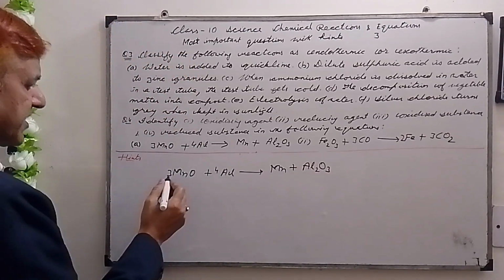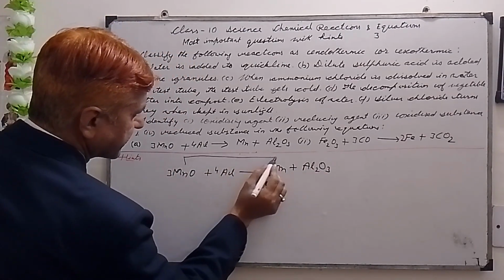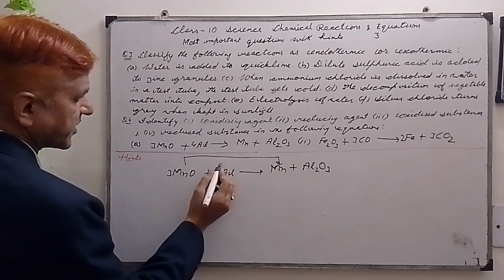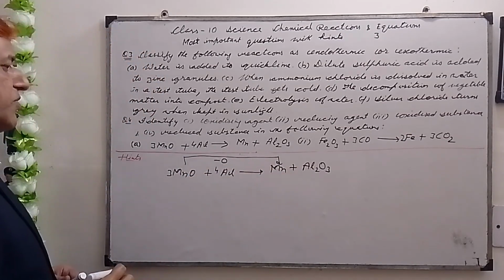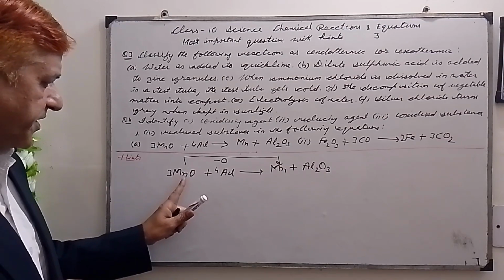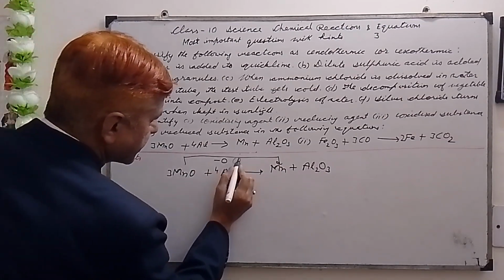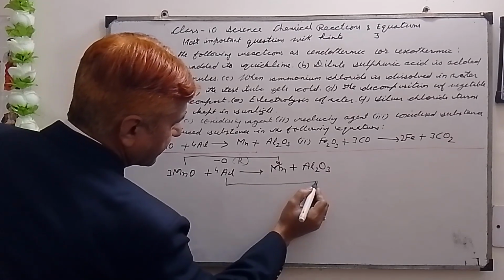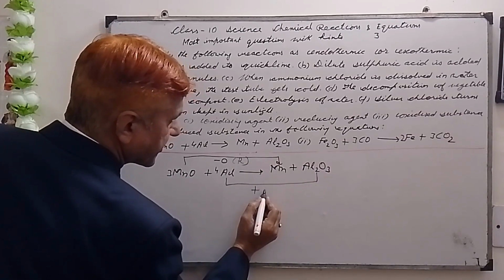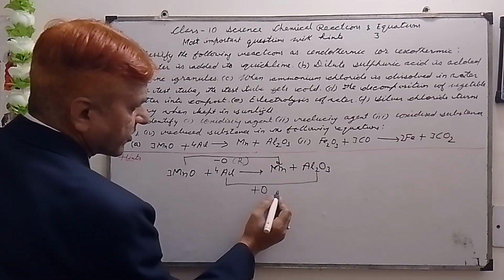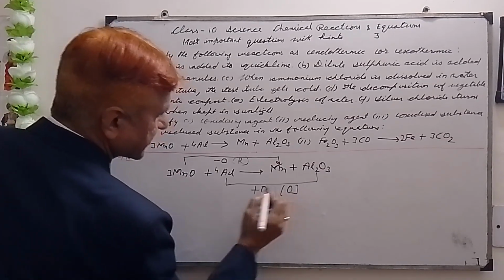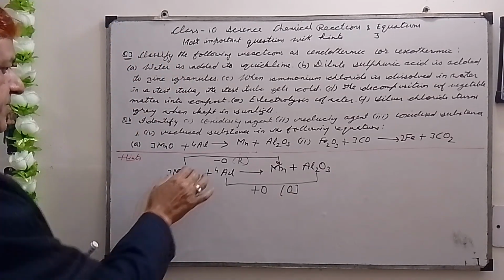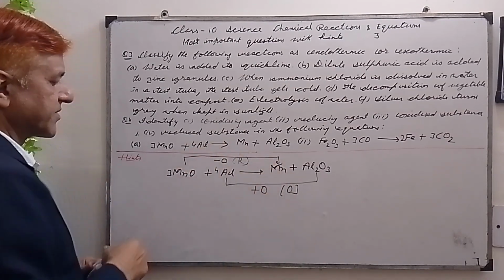Here you can see clearly that removal of oxygen is reduction, so this is a reduction reaction, and addition of oxygen is oxidation. So this is reduction and this is oxidation.